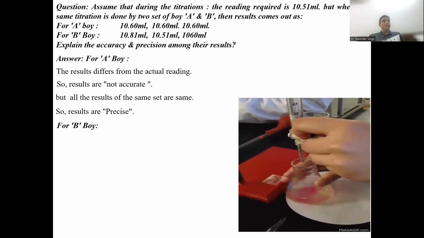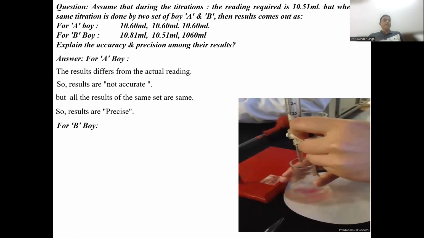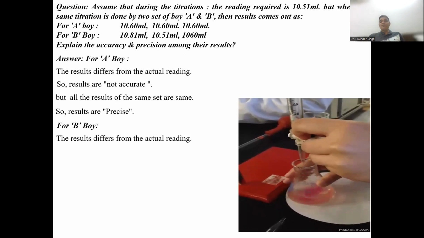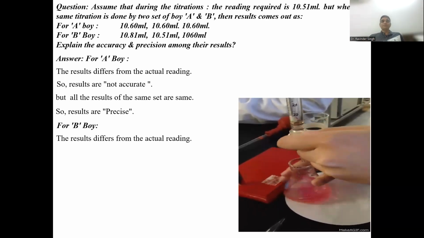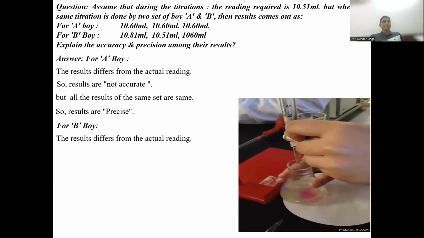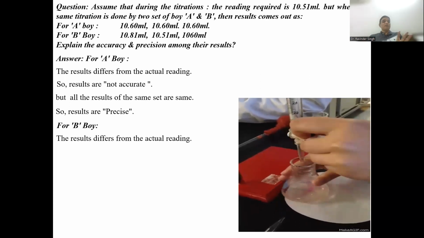What about boy B? According to boy B, the results also differ from the actual reading. All the readings are not matching with the ideal reading. One of the readings is matching, but not all.